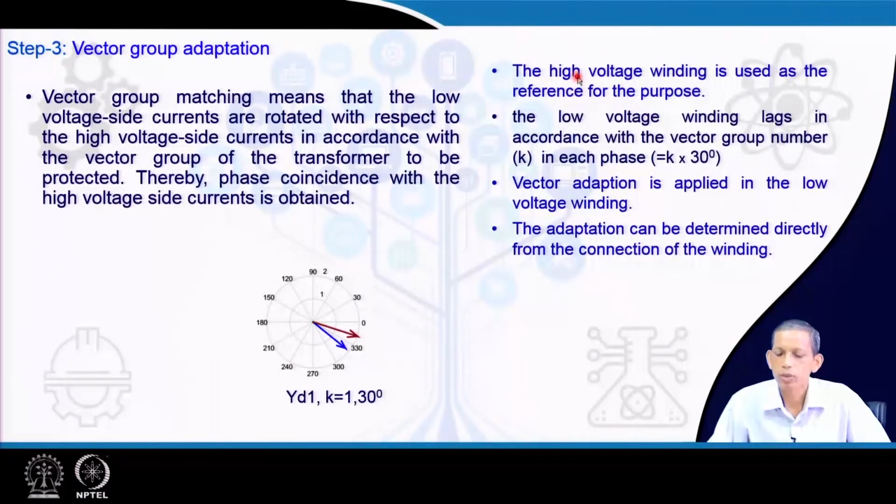In general, we consider the high voltage winding to be the reference, and the low voltage winding lags in accordance with the vector group number k, by an angle of k into 30 degrees. The vector adaptation is applied in the low voltage winding only, and the adaptation can be determined directly from the connection of the winding. So, we require only the information of k, the vector group number.